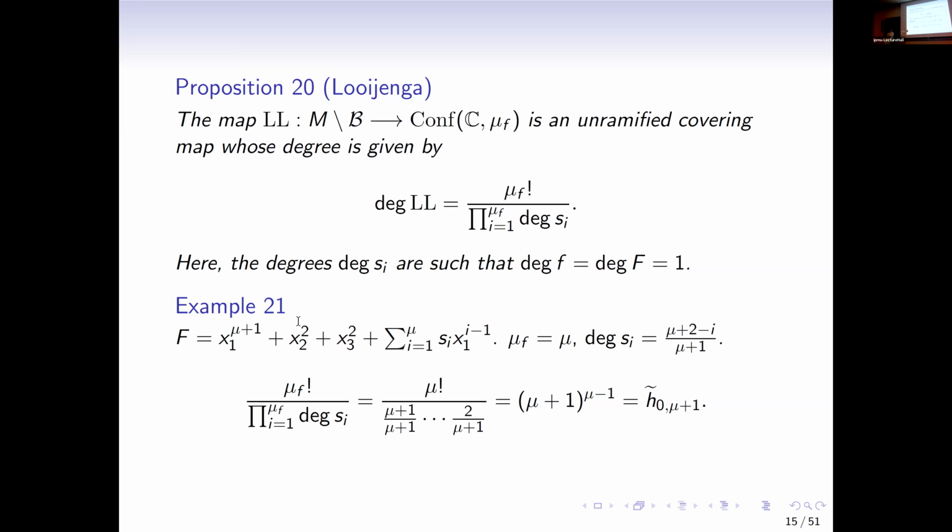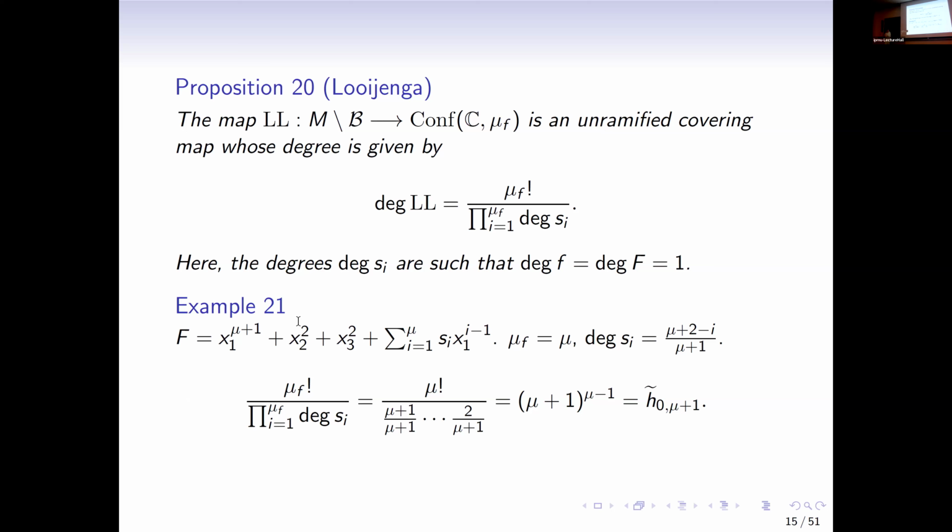And it is very important. Also, we can rather easily calculate the degree of this map, which is given by these degrees and the mu value. Here, the degree is normalized so that the degree of small f and large F will be one.